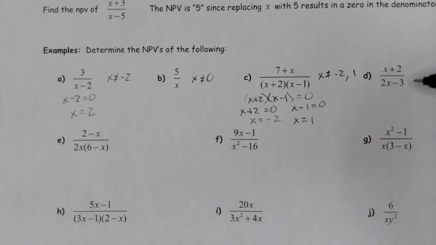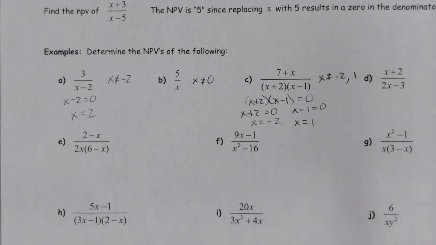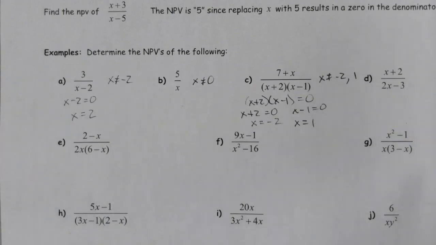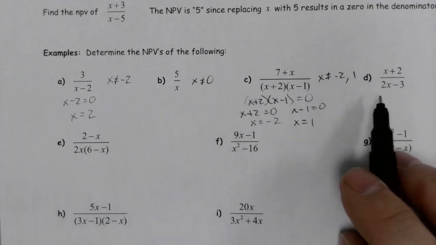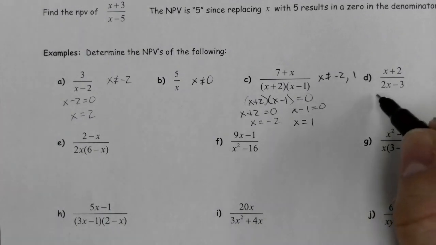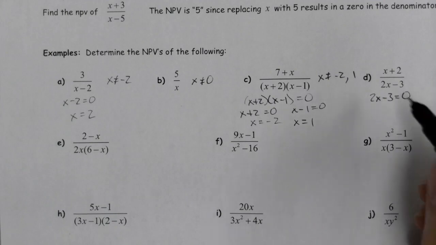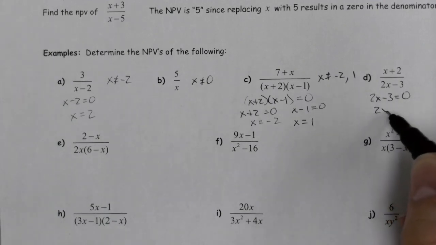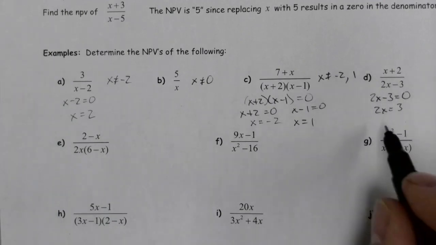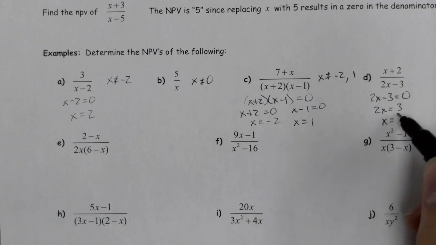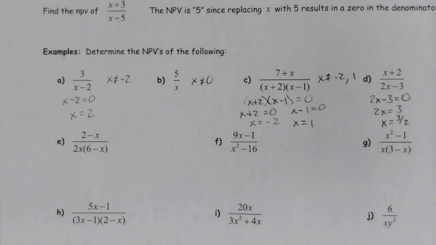Over here, the only thing that makes this particular question a little bit different is that now our denominator, that linear polynomial, has a coefficient in front of the x, so it's a little bit more complicated. But not by much. So 2x minus 3, I'm going to see what happens when that equals 0, so 2x is going to equal 3, which means the denominator goes to 0 when x is equal to 3 halves.